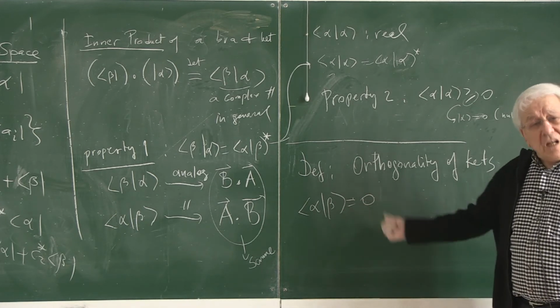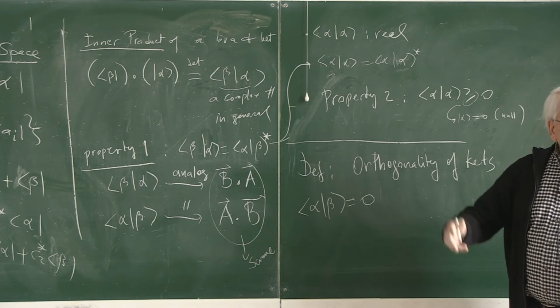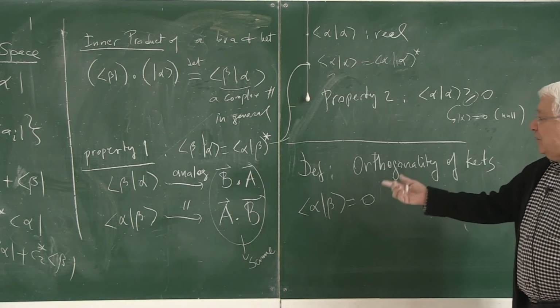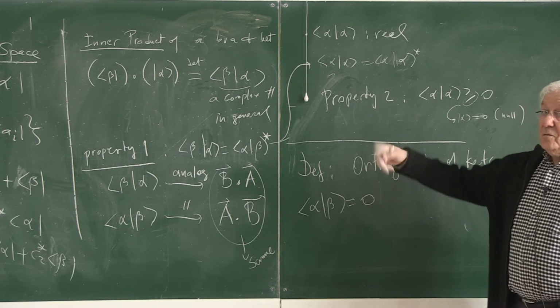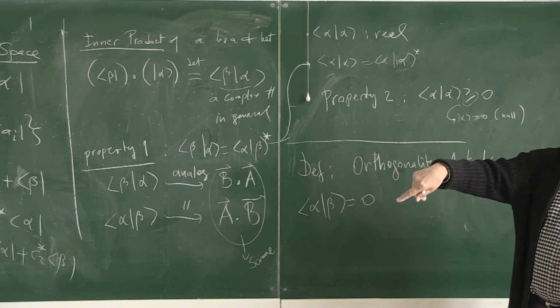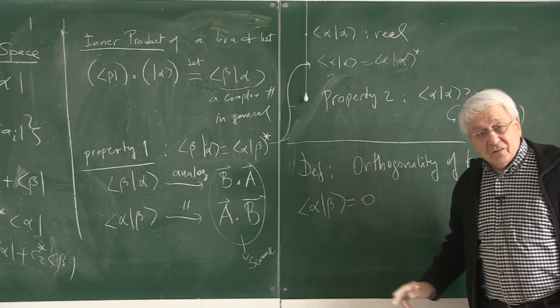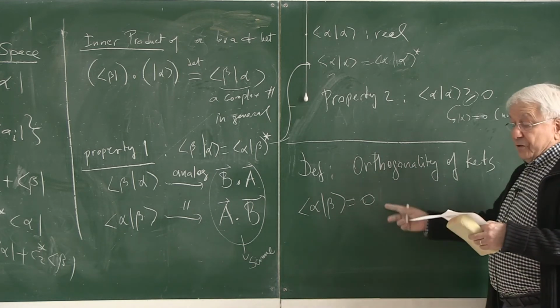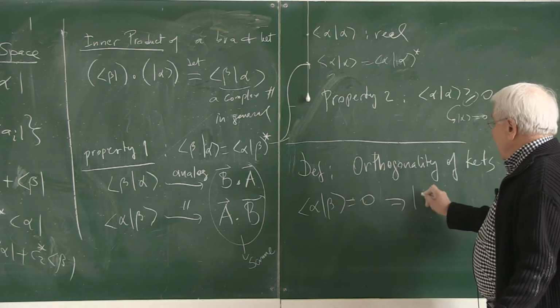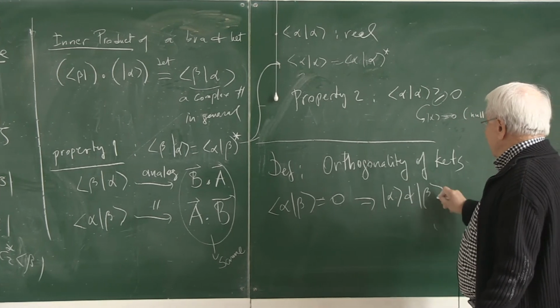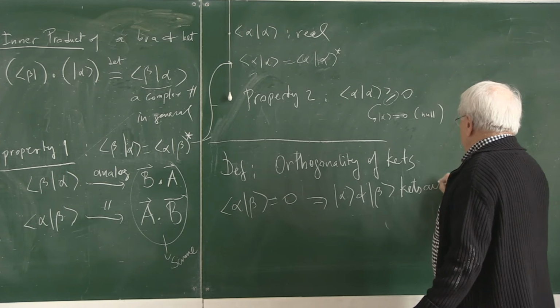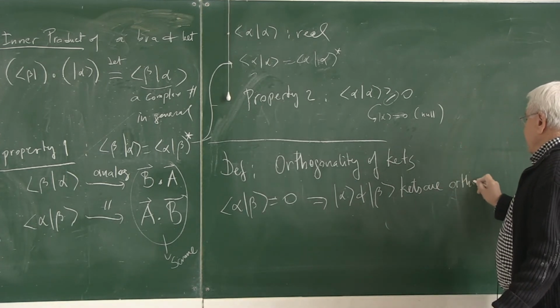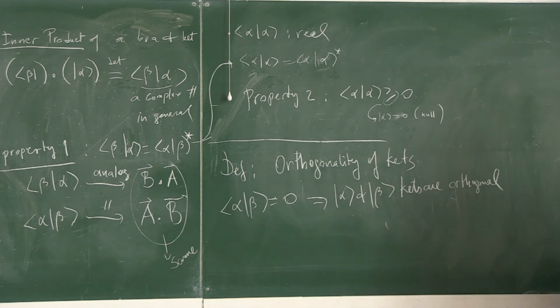It is the inner product of two kets, but involves the bra. When you take the inner product of two alpha and beta kets, you go to the bra space and take the bra dual of the alpha ket, and you associate this bra and this ket, then make an inner product. If the result of this is 0, then you say alpha and beta kets are orthogonal. Okay, that's the meaning of this mathematical relationship.